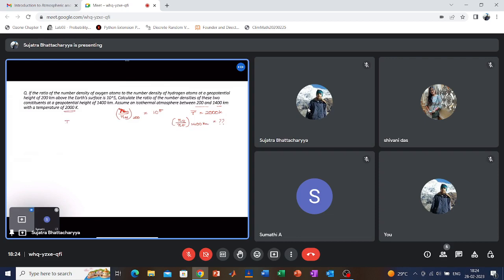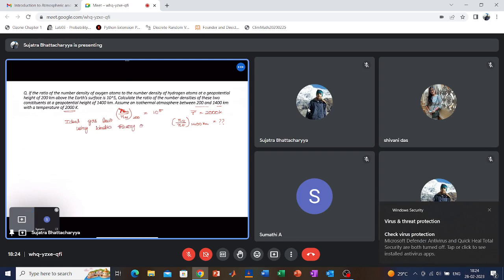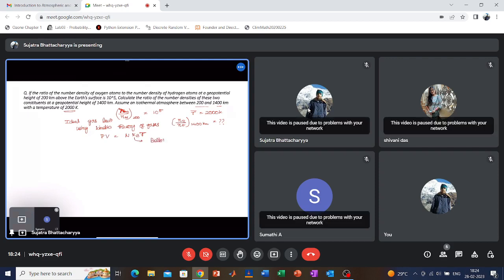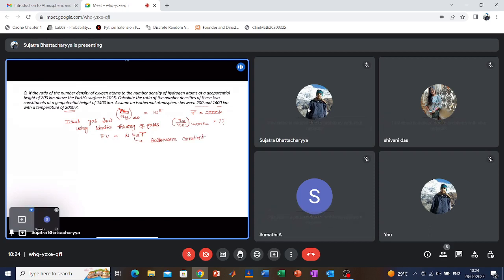the ideal gas law using kinetic theory of gases is written as PV is equal to N kBT, where kB is the Boltzmann constant, T is the temperature of the gas, P and V are known, and N is the number of molecules or atoms.